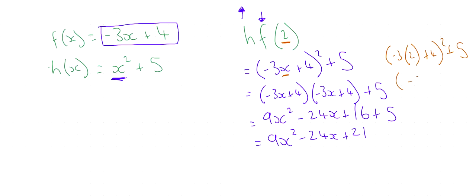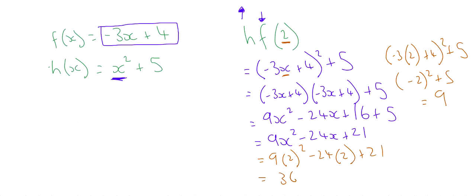So -2 squared plus 5 is going to give you 9. So if we do this correctly, we should end up with 9. So 9 times 2 squared minus 24 times 2 plus 21. So this is 9 times 4, 36, minus 48 plus 21. Do we get 9? Yay, we get 9.